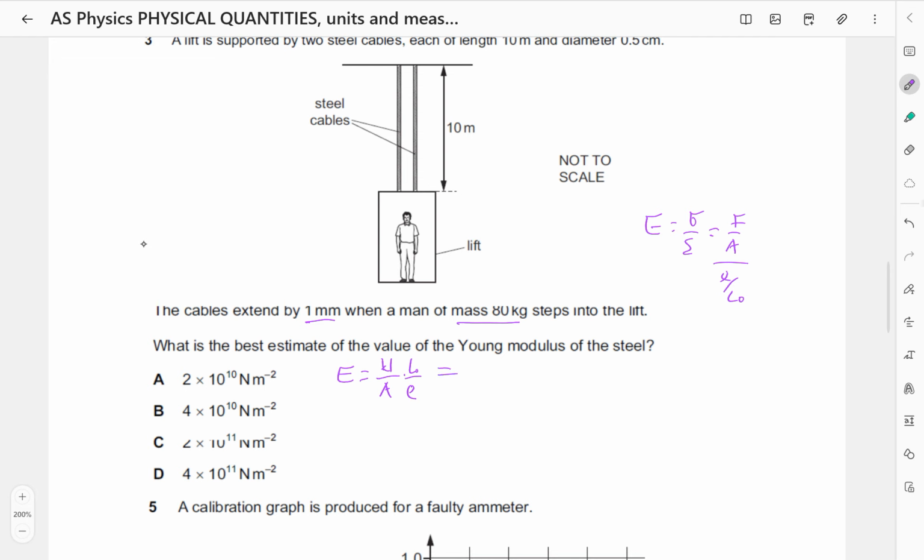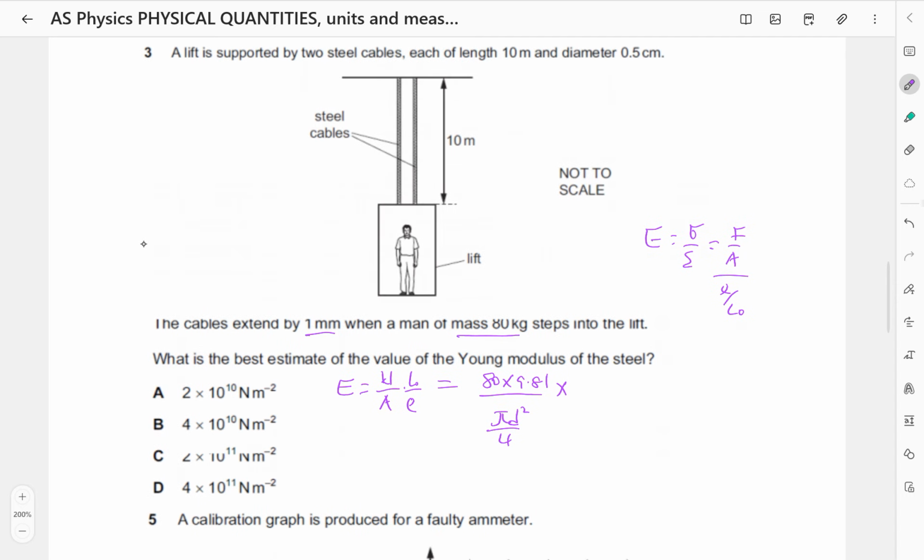The weight is mg, so that is 80 times 9.81, divided by the cross-sectional area, which is pi d squared over 4. The 4 will go up. Then times original length.